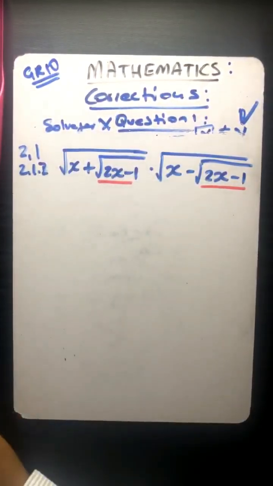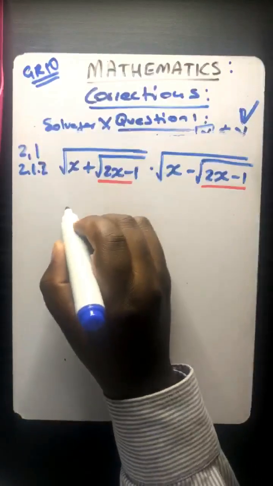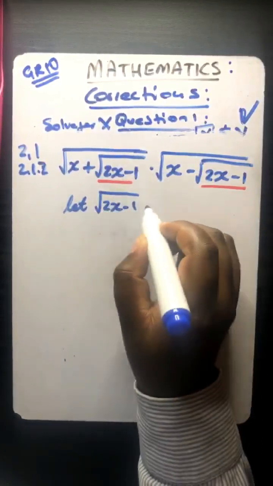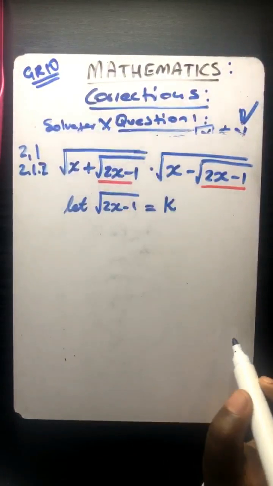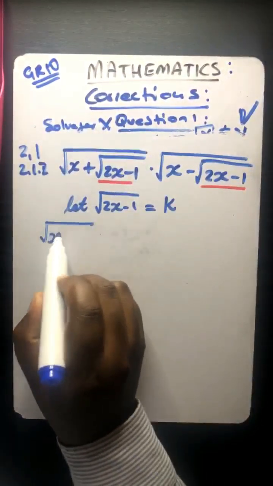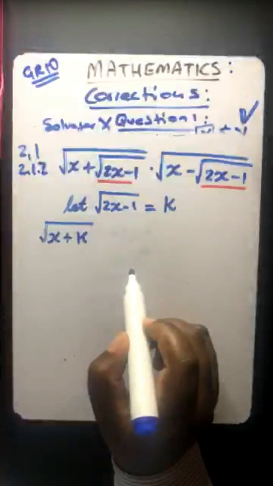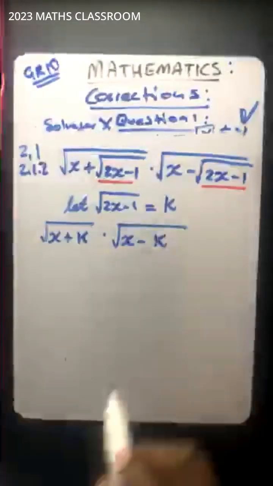I don't really regard that as the K method, because since my name is Desmond, I could say let 2x minus 1 be equal to D. But let's stick to K so that we don't lose you. So this is actually the same as x plus K, multiplying the square root of x minus K.